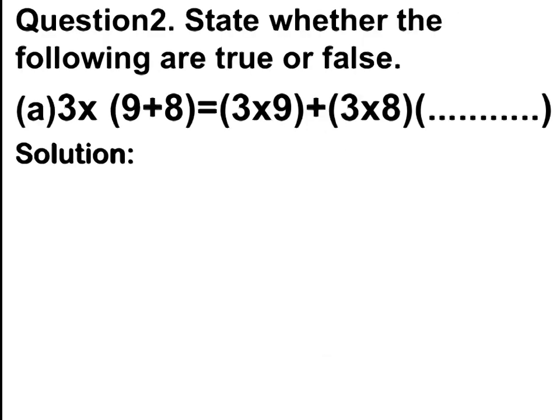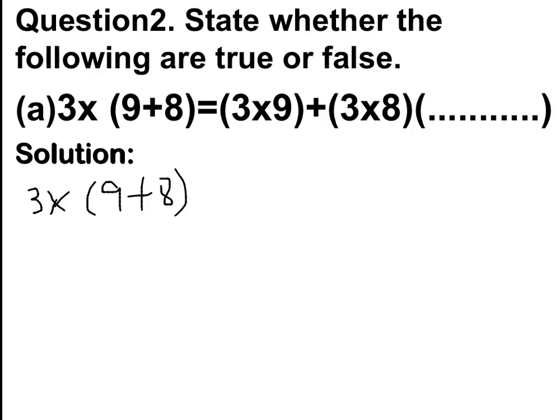Now question number 2. Question number 2 is state whether the following are true or false. Part A. 3 multiplied by bracket 9 plus 8 bracket close is equal to 3 multiplied by 9 plus 3 multiplied by 8. Student, first we will solve the left side, that is 3 multiplied by 9 plus 8.